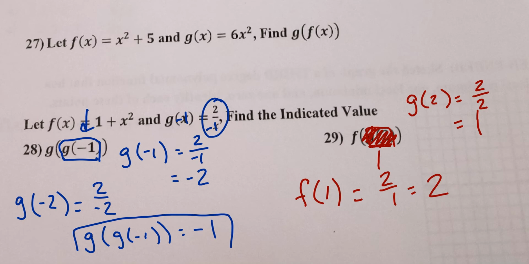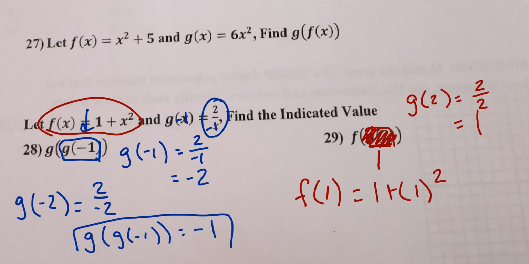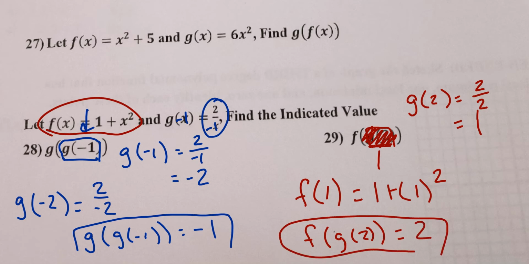So my final answer is, and I messed up, hold on. I just accidentally plugged in g. F is 1 plus x squared, so I've got to say 1 plus, instead of x I put 1 squared. So that's 2. So my final answer is f of g of 2 equals 2. And that's it for 29.